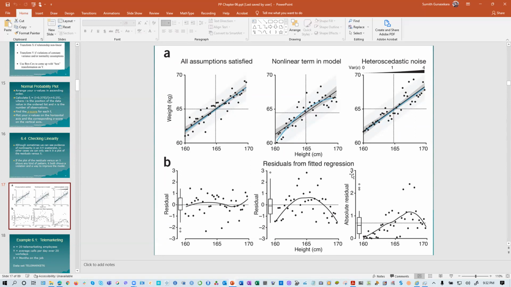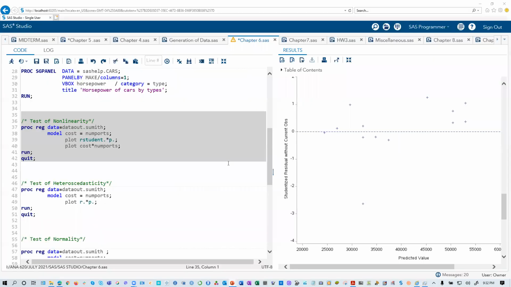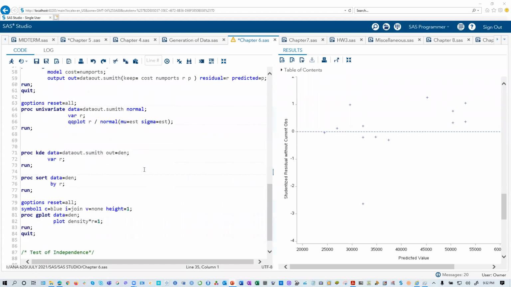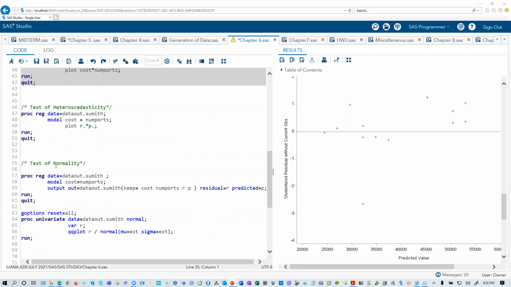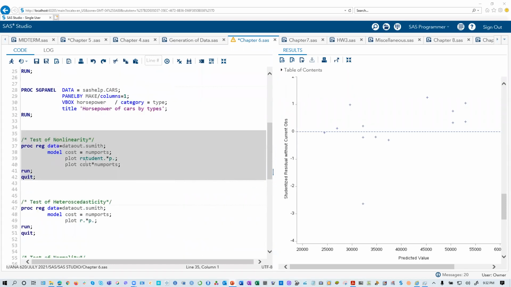We have this one to x. This one, I think, is the normality and the independence. But to check the linearity, we don't need this one.